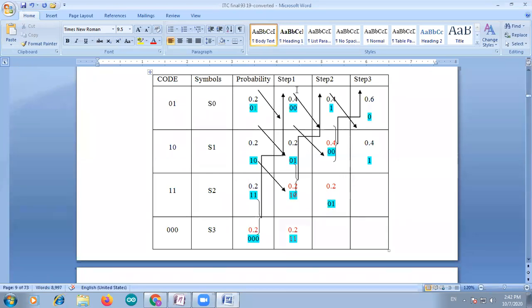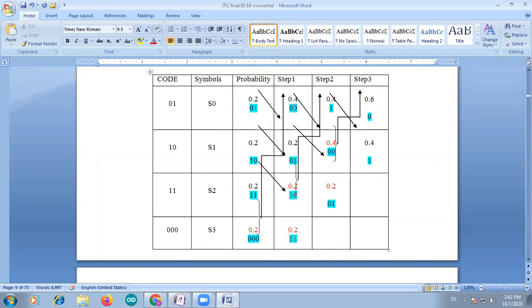Now the second step. 0.4 is assigned as 0, 0. 0.2 and 0.2 merging gives 0.4, and again the 1 is there. Now this 0.2 is 0, 1.